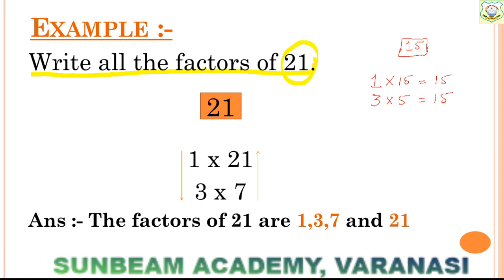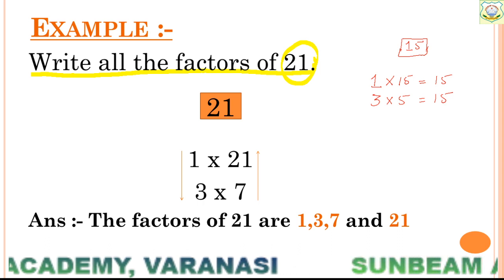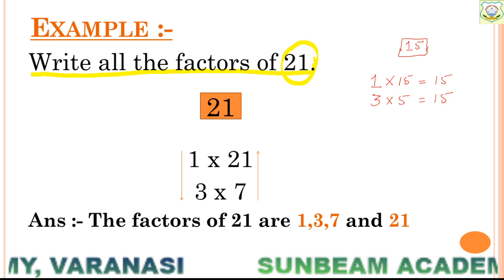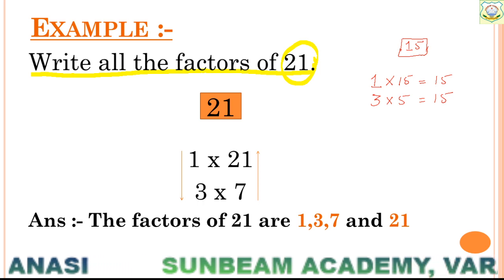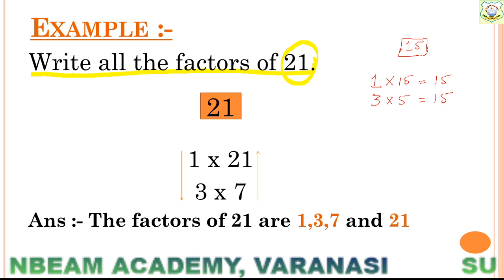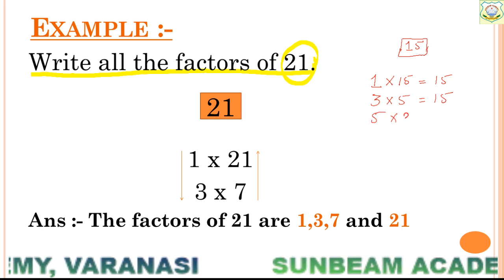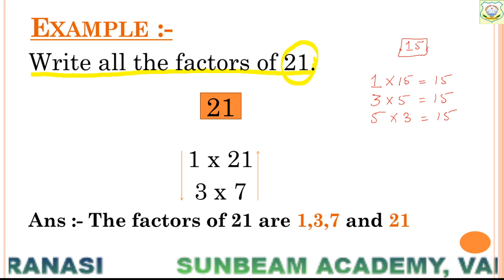So now tell me, after that, does 15 come in the table of 4? No. Then in the table of 5, yes, it does come. So if you want, we can write it again. So 5 multiplied by 3 is 15.